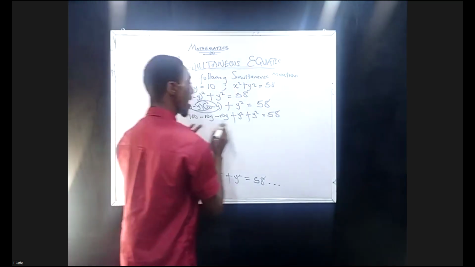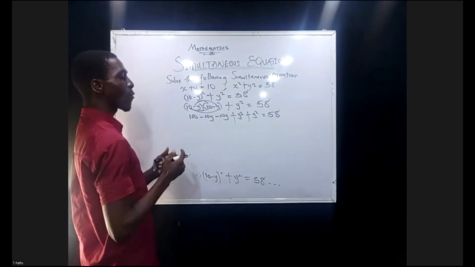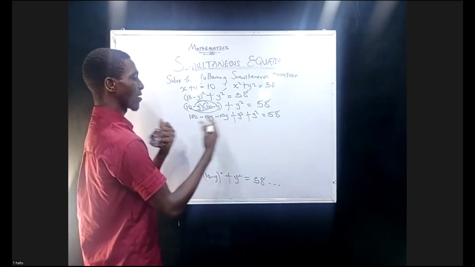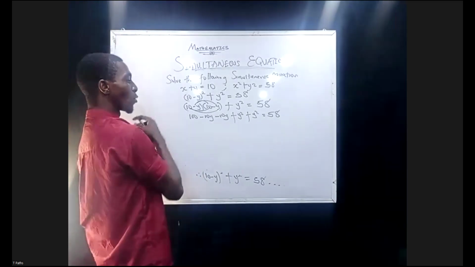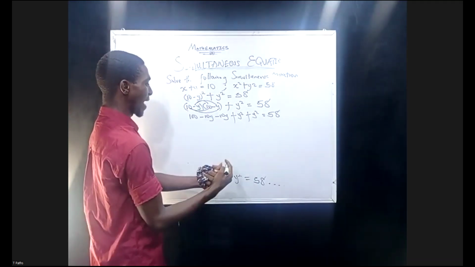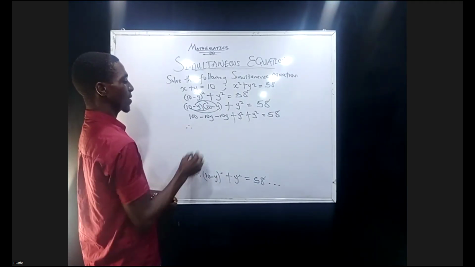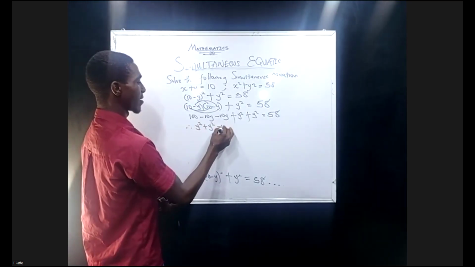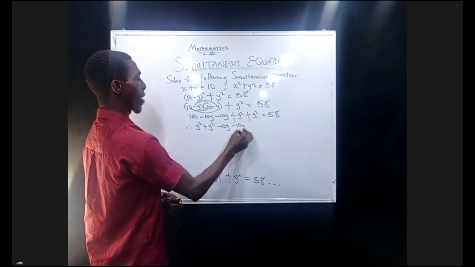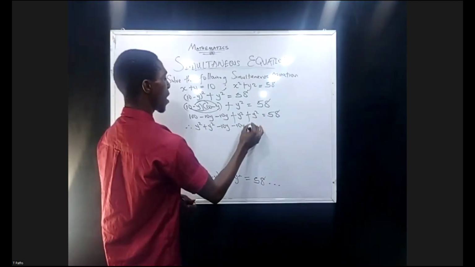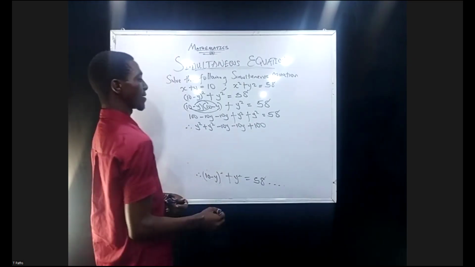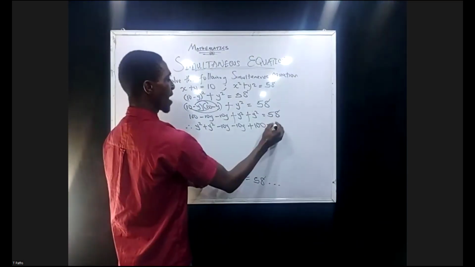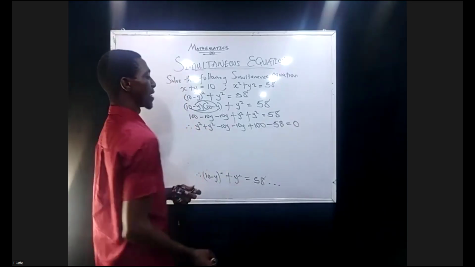Now, from here, we can see that we have common terms. The common terms can be collected, that is, collect like terms. That is, y squared plus y squared, minus 10y minus 10y, then plus 100. Then you bring 58 to the other side, we have minus 58 equals 0.